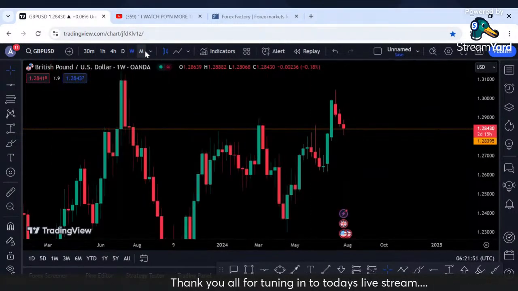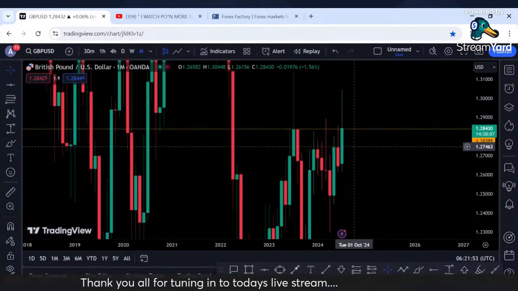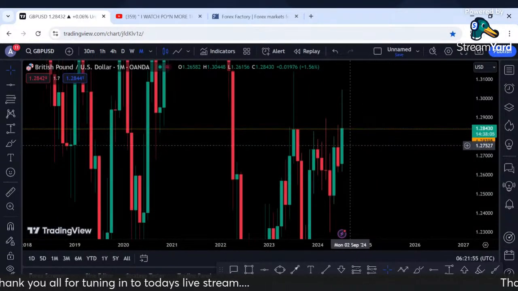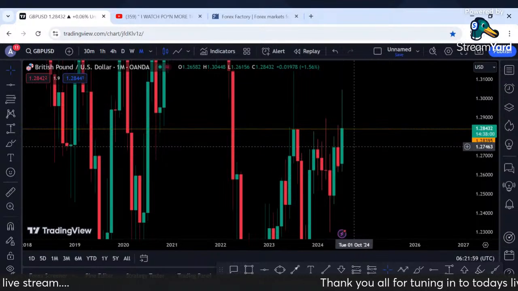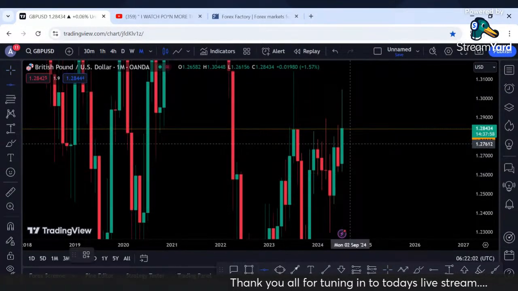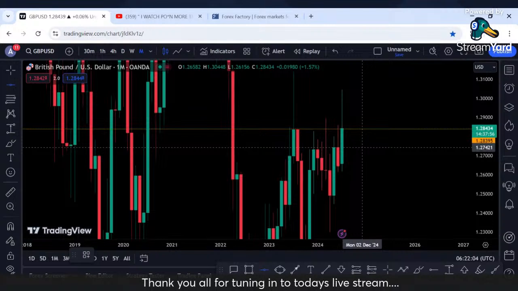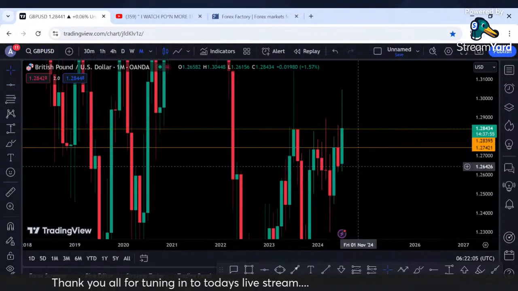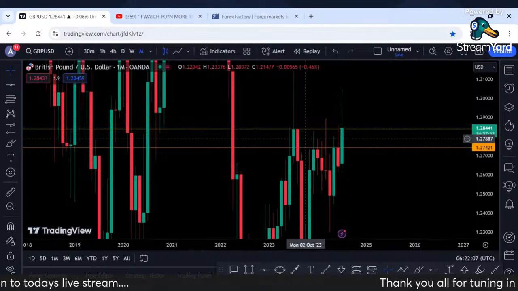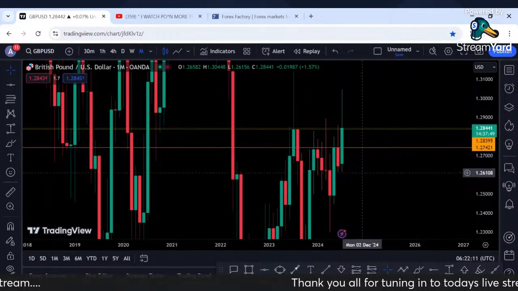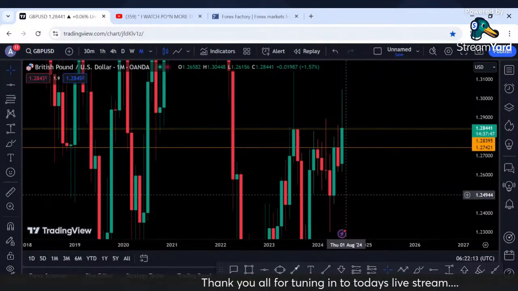On the weekly time frame, the reason why I didn't indicate the support and resistances over here is because on the monthly time frame, it's going to take a long time for it to come down. When you go through the course, you'll be able to identify why I draw the support and resistances. Everyone sees it differently.